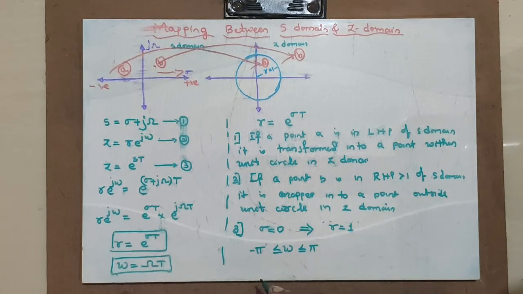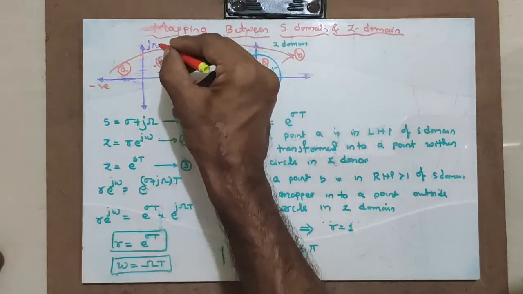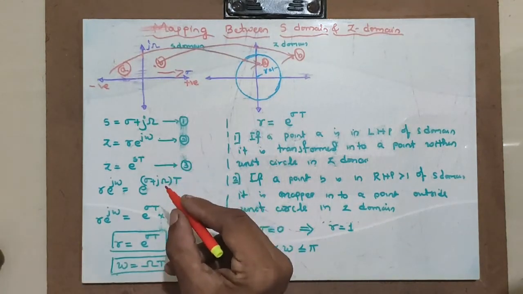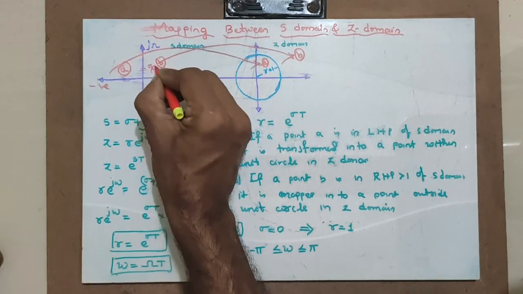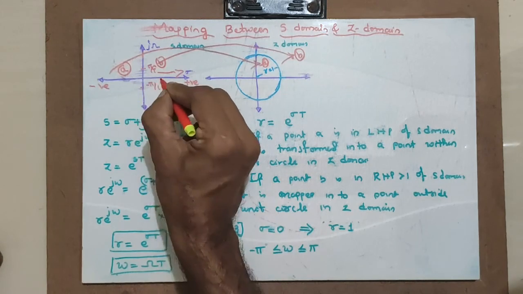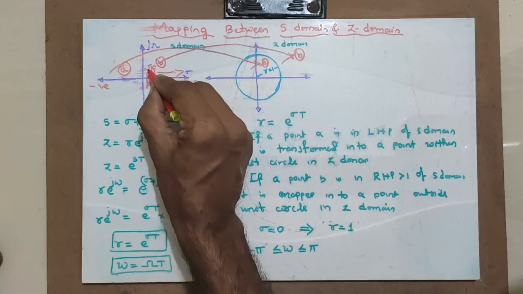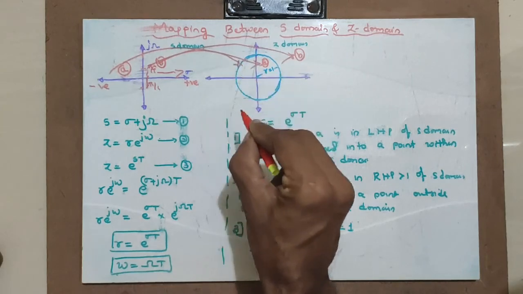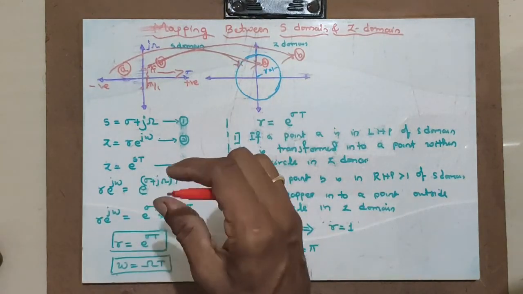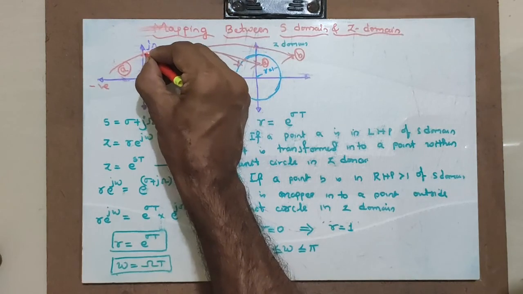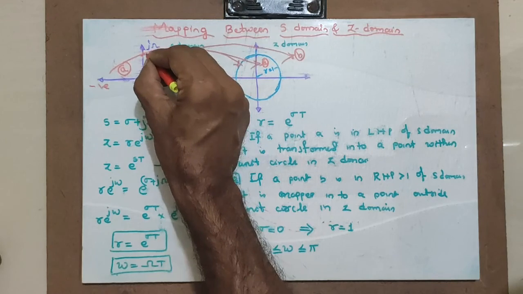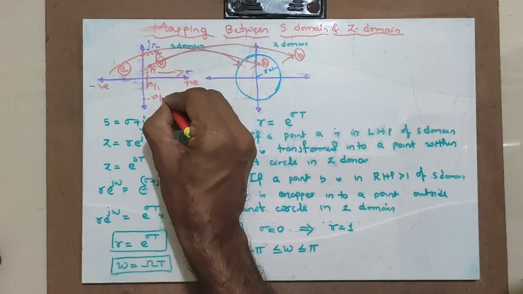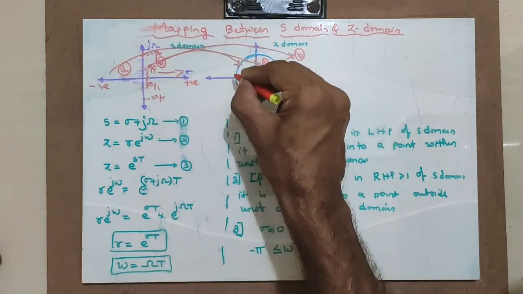Hence, here a peculiar thing takes place. Our j omega axis is transformed in such a way that the strip between pi by T to minus pi by T is transformed into one circle. Again, if I consider the next strip, minus 2 pi by T to plus 2 pi by T, it is transformed again into the circle.